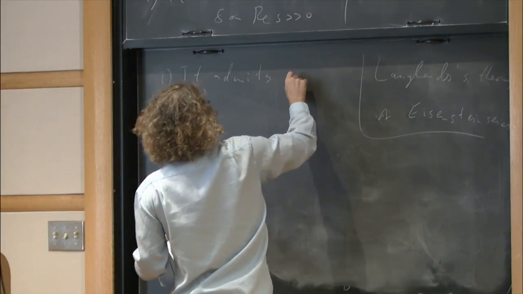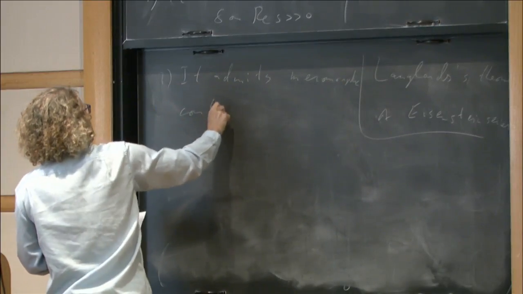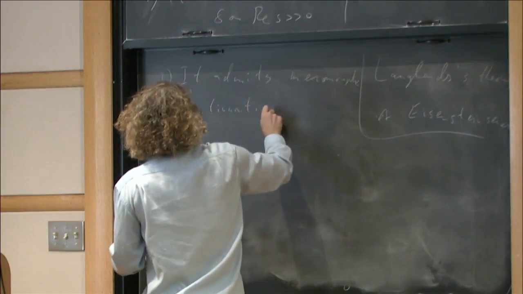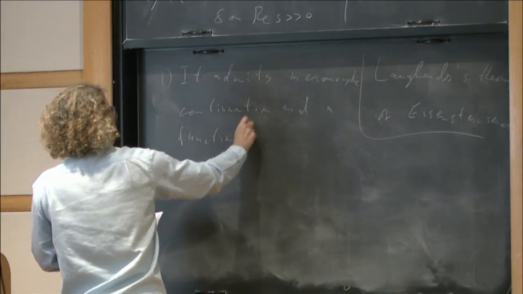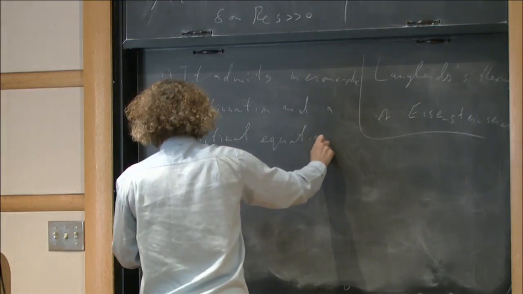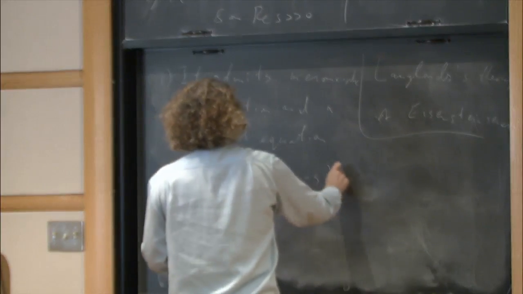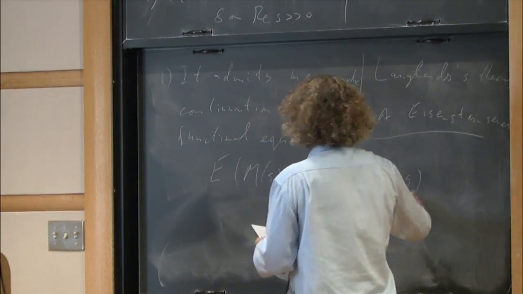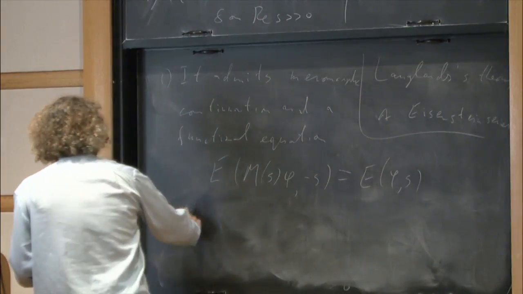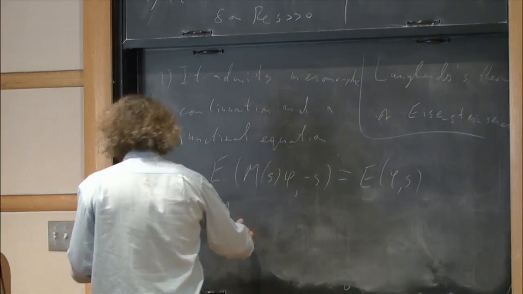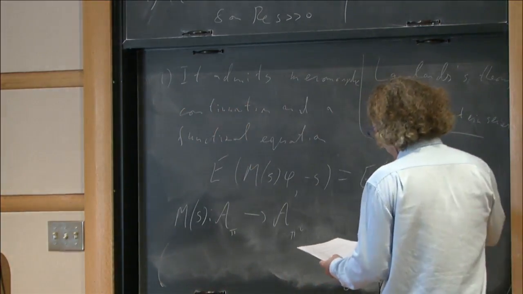The hard fact is that it admits meromorphic continuation. And the functional equation reads as follows. It relates s to minus s, but it has this gadget, the intertwining operator. So M_s goes from A of pi to A of the contragredient of pi, defined in the same way.